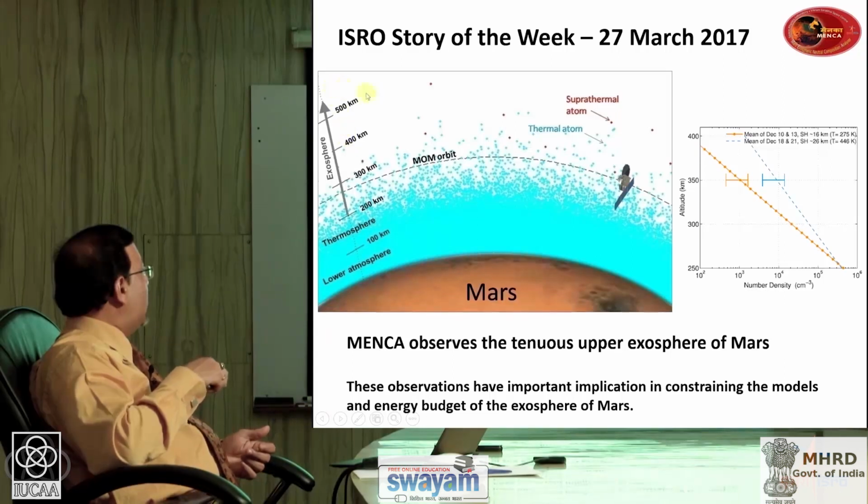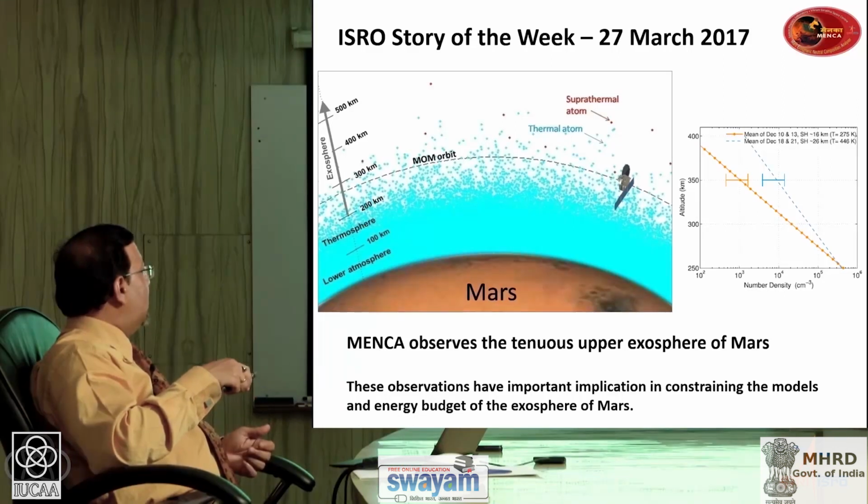This is the MOM orbit around Mars at its closest approach, and at this kind of orbit we have seen that there are 2 different temperature profiles, or 2 different density profiles, for argon, which in turn means that argon has a much higher temperature when we are seeing this kind of density profile because the gradient is different.